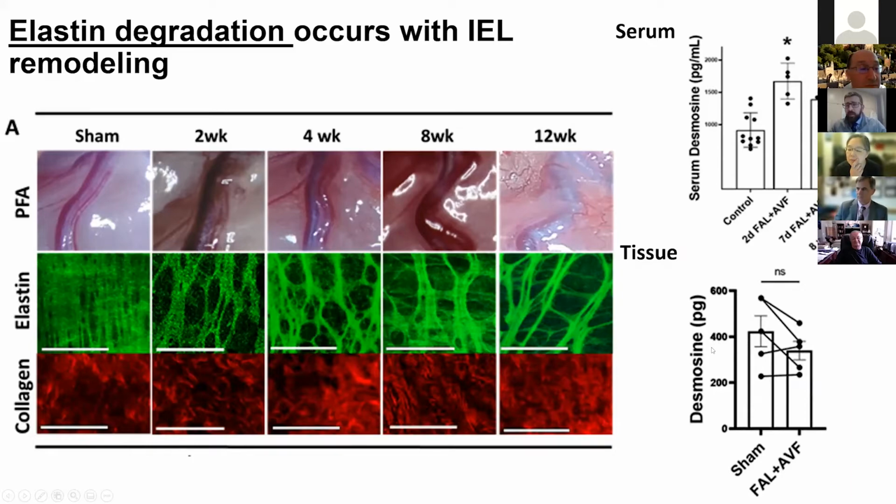But back to my previous point, when we looked at the tissue content of elastin using total desmosine as a surrogate, we did not see any increase in desmosine as I might expect, despite the fact that the vessel itself is increasing in size quite dramatically.